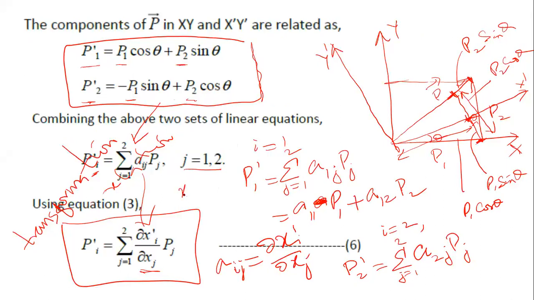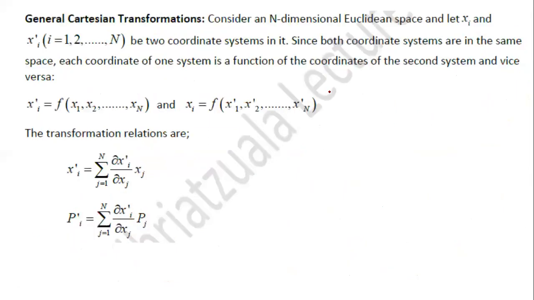So as I said, x1 is equal to x, x2 is equal to y, and x1 prime is equal to x prime, x2 prime is equal to y prime. You can in fact consider any n-dimensional space. That is, your i index runs from 1 to n. Your j index also correspondingly runs from 1 to n.